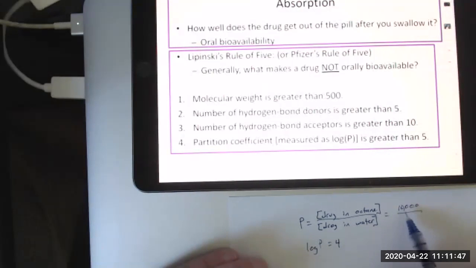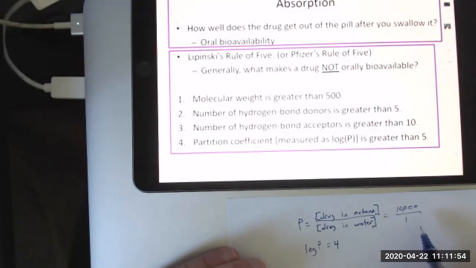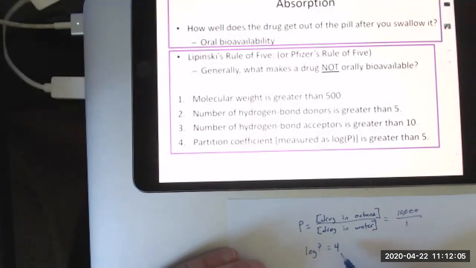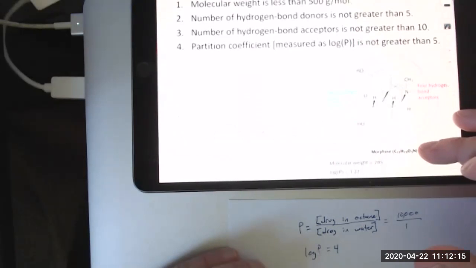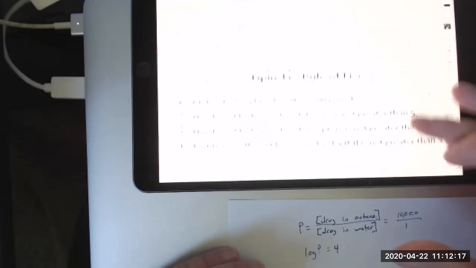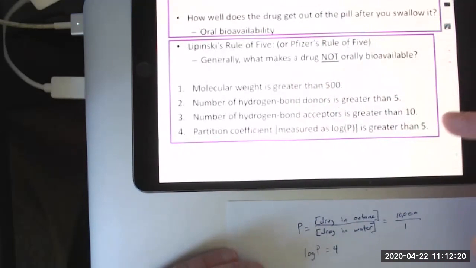So a log of 4 would be 10,000 molecules in the octane for 1 in water. So there's not very much soluble in the bloodstream. It's going to want to attach to something hydrophobic. So it's a measure of how greasy the molecule is. So just have a good sense for these.